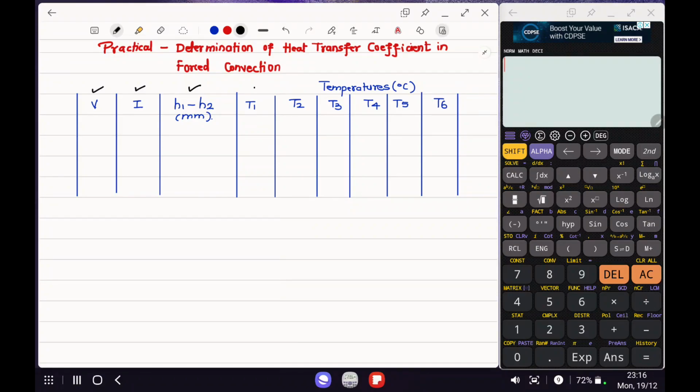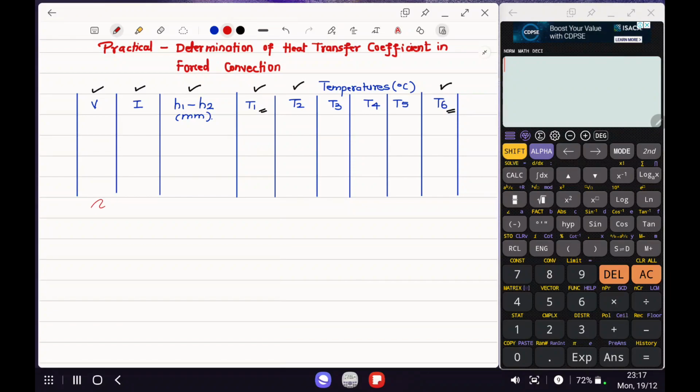Thereafter, you will be recording temperatures T1, T2, T3, T4, T5 and T6. Remember, T1 and T6 are the entry and exit temperatures of air, while T2, T3, T4, T5 are surface temperatures. So now how should we proceed with the calculation?